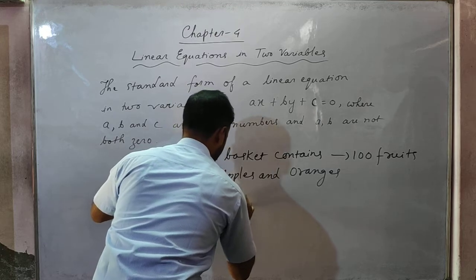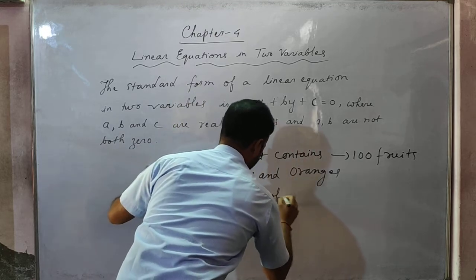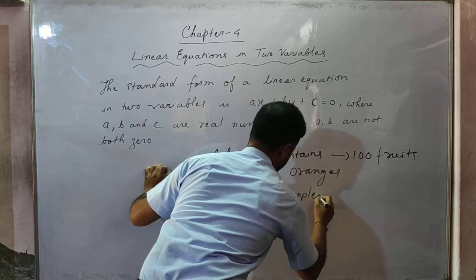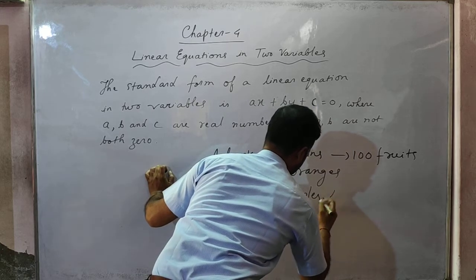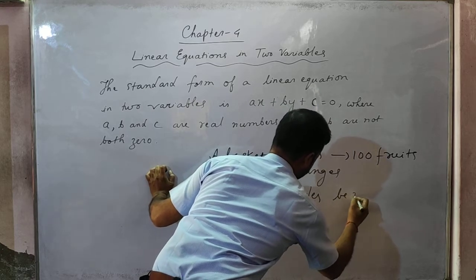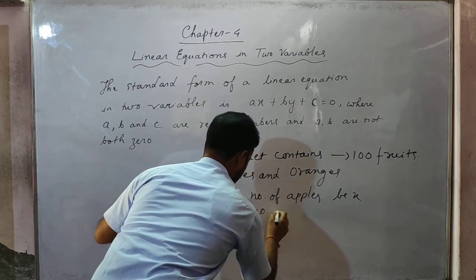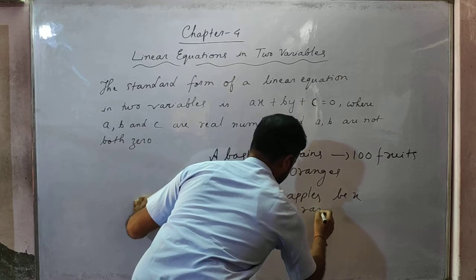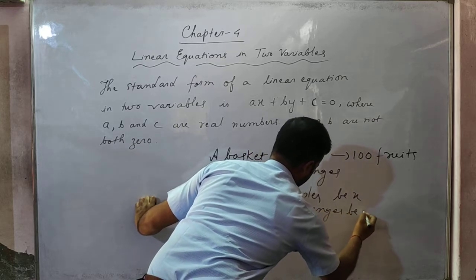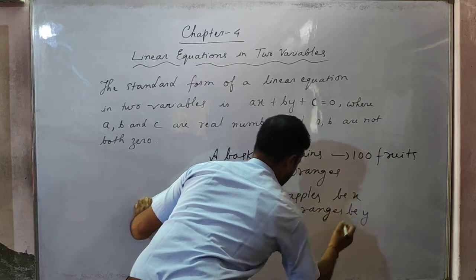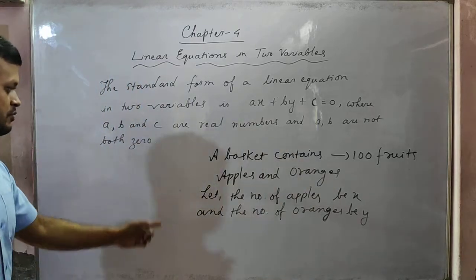Let the number of apples be x and the number of oranges be y.